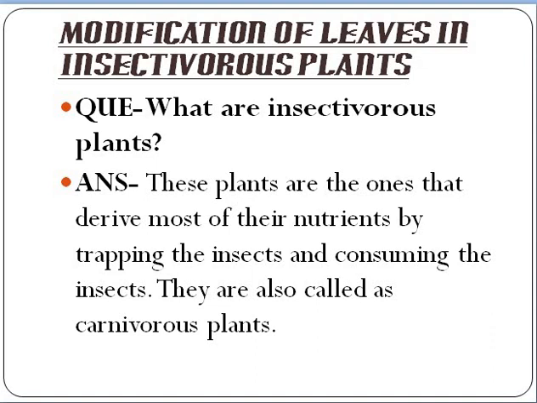So what are insectivorous plants? These plants derive most of their nutrients by trapping and consuming insects. They are also called carnivorous plants.